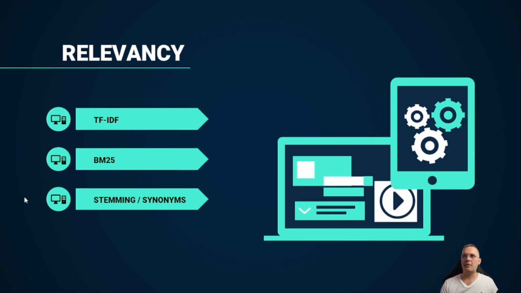And then you have the stemming. So stemming and synonyms will help you reduce the index and thereby make things more relevant. So the problem is that if you have a word like, for example, connect. Actually, I have a slide on this.